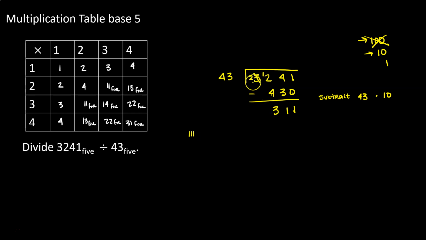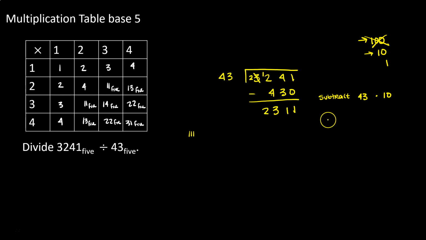And then I move to my next column, which is 2 minus nothing, so we have 2. So subtracting 1 group of 5 of the number 43 base 5 leaves us with the number 2311 base 5.